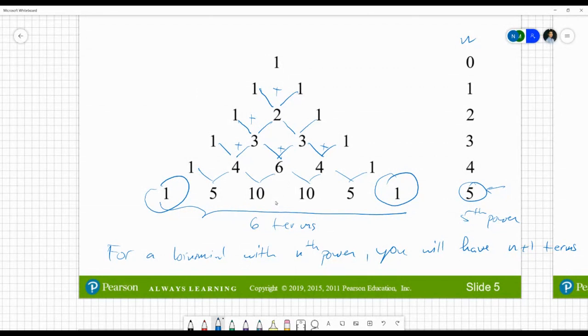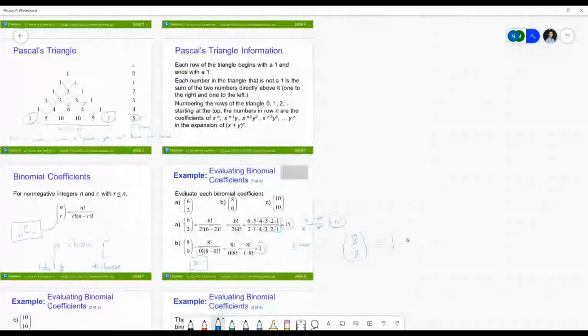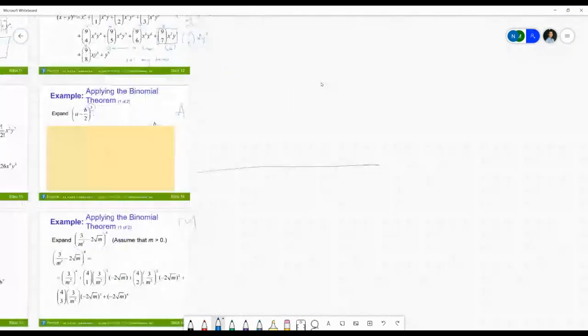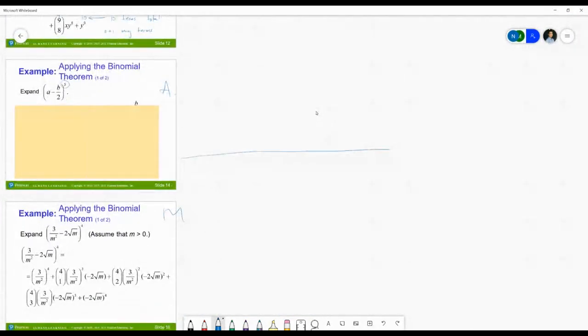So once you get to the middle, you can always use the same numbers going backward. So in this row, you have 1, 5, 10, and then going backward 10, 5, 1, 1, 4, 6, then going backward 4, 1, and so forth. It depends if you have an even or an odd number of entries. So you only have to find half of the values and then just use reflection going back down. All right, go ahead and give that a try.